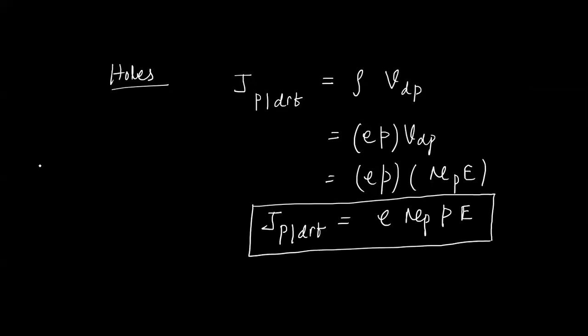In the same way for electrons, we can write J_n. I'm writing n for electron and DRF for the drift.